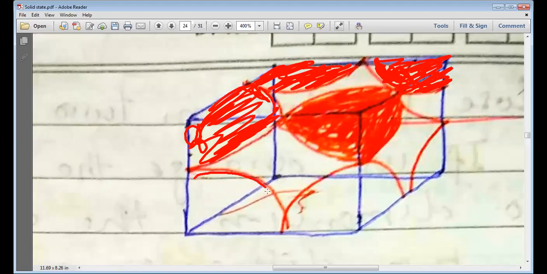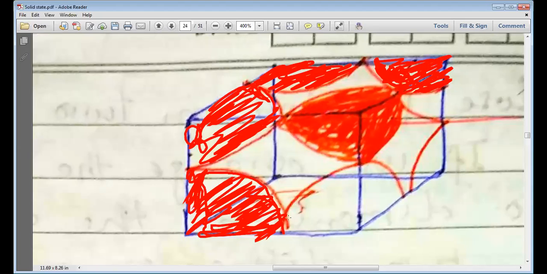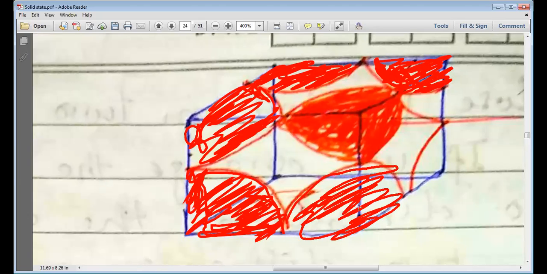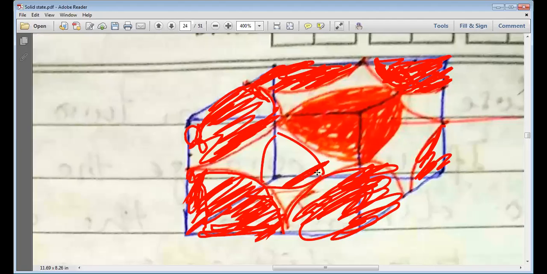This is the fifth one. Then this is the sixth one, then this is the seventh one, and the eighth one would be here. This is the eighth one that we have.